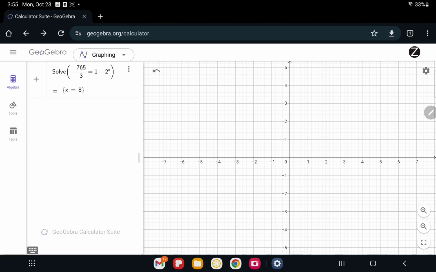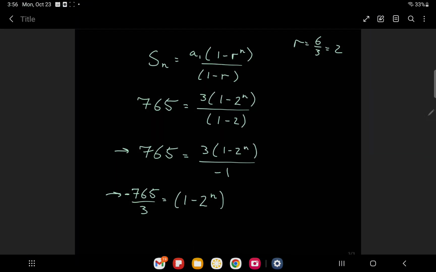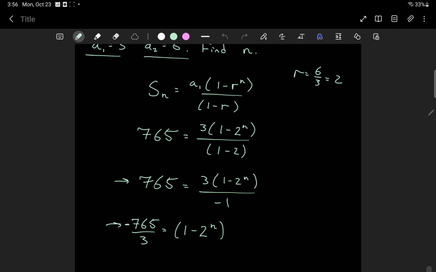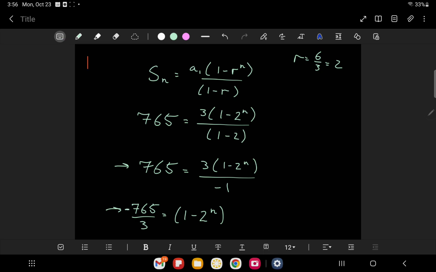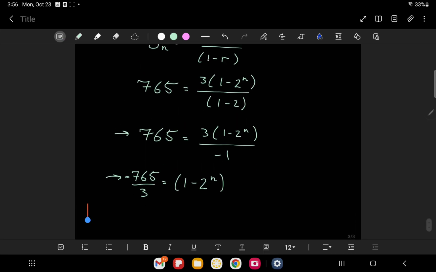So rather than doing what some students might be doing in this situation, I know in previous years people would just test out numbers until they found something that worked. Or they would go through the process of learning logarithms to solve for this. We just use geogebra.org to solve for this.